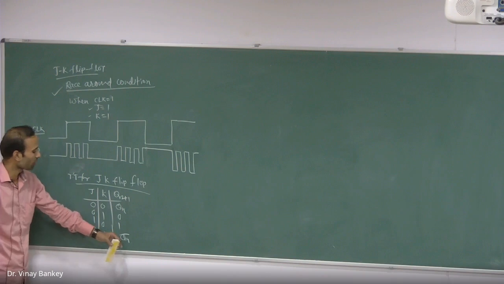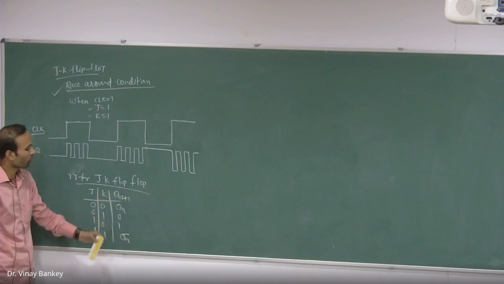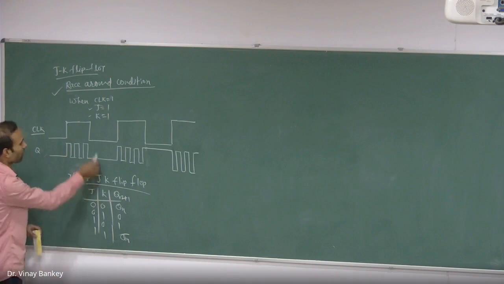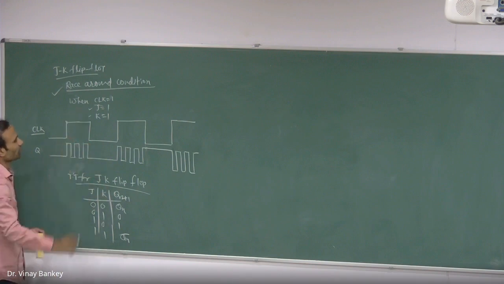And Qn bar means whatever the previous output was, it will change, it will complement. That's why we are having this race around condition in the JK flip-flop.